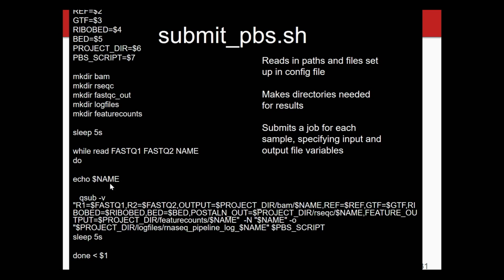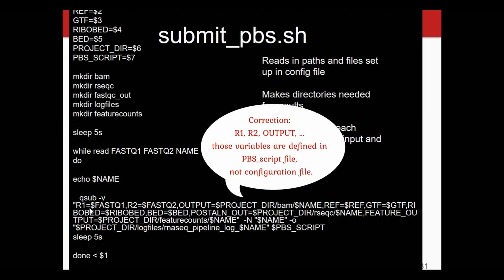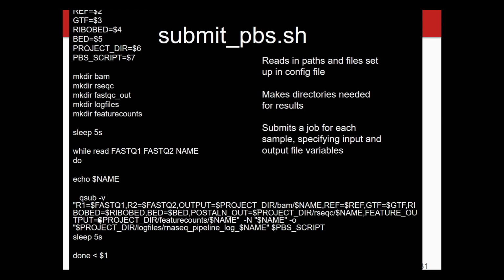It will echo the sample name, and qsub is the same as sbatch. It tells the configuration file that R1 is equal to this variable, R2 is equal to the FASTQ2 variable, and also the output file, the reference file, and the ribosomal bed file, where to look at those reference files.